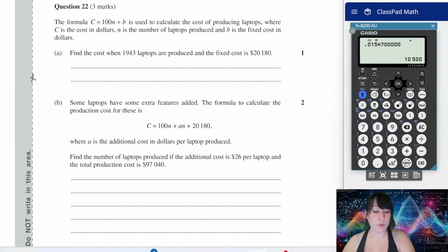So, we're going to substitute in N and B, and so we're finding cost C when it is 100 times N, in this case, 1,943, plus B as in the fixed cost, which is 20,180.